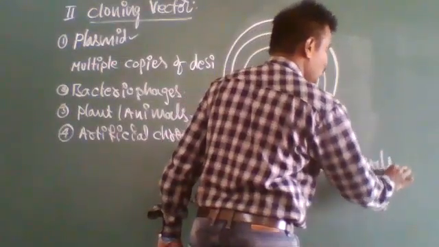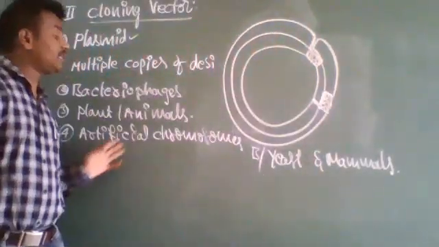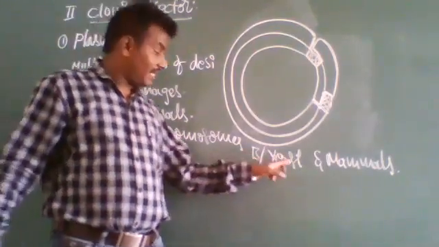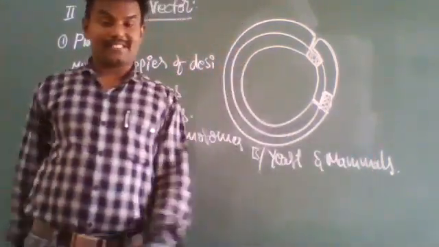Some of the mammals' chromosomes are also used as cloning vectors. Artificial chromosomes of bacteria or yeast or mammals.